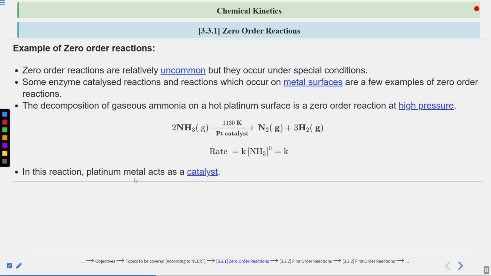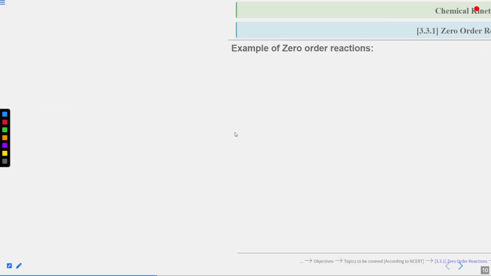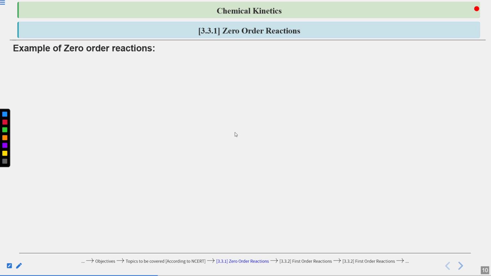Now in this reaction, platinum metal is acting as a catalyst. As I said, platinum is serving as a catalyst in the decomposition of ammonia. Now at high pressure, the metal surface gets saturated with the gas molecules.